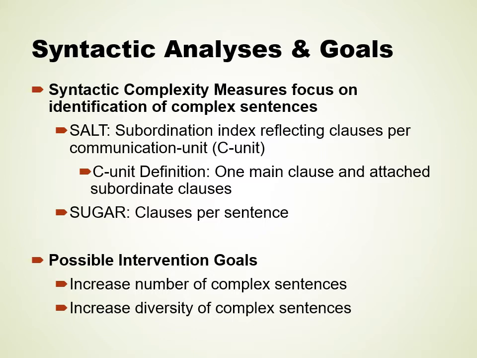The other thing that you might be working on in this area is increasing diversity of complex sentences. So if you have a student who connects everything with but or and, you might want to be working at helping the student to use subordinating conjunctions such as although and while.